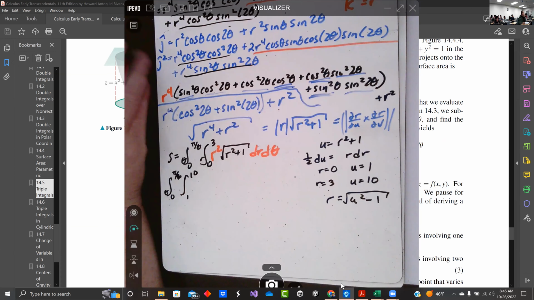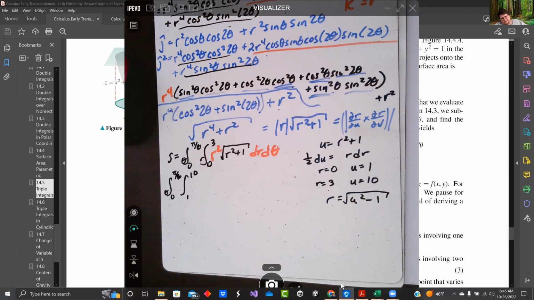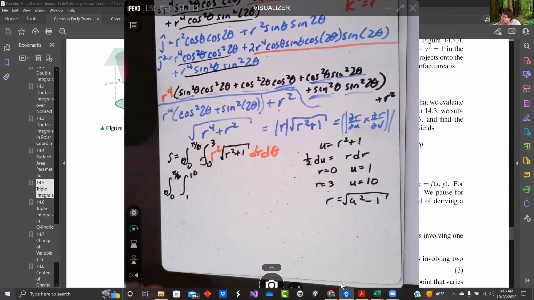All right, so any ideas? Wait. Yeah, it was an r. We pull out an r. That helps if we use u squared equals r squared plus 1.